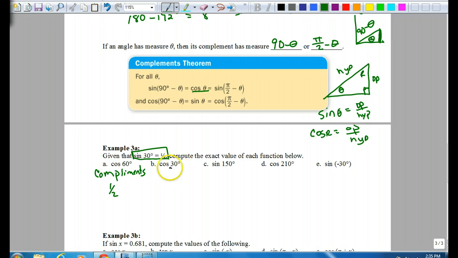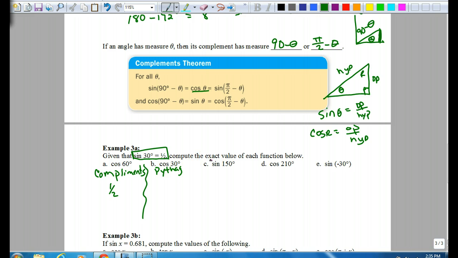This one, cosine 30. How do we find that one based on the theorems that we found above? You might need to look back at first page. The opposite? Nope. Nope. Pythagorean. We need to use the Pythagorean theorem to find that one. Okay? So I'm going to write Pythag here.